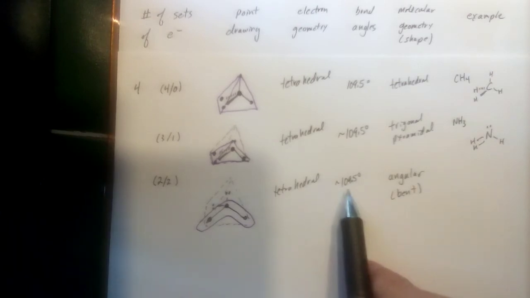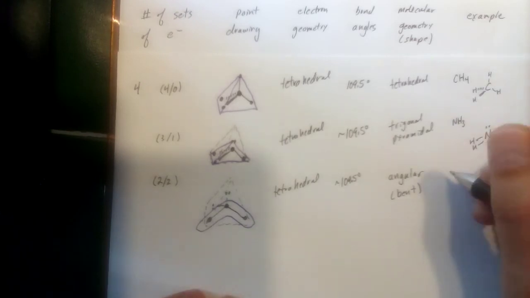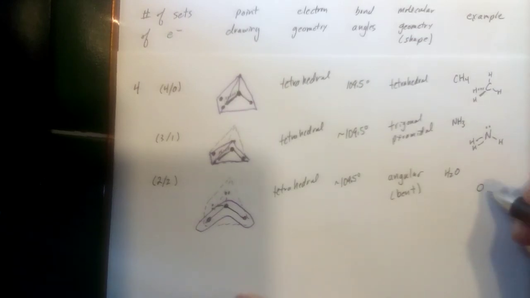It is important to recognize there are different angles that go along with the geometry we would describe as bent. The previous one was about 120. This one is about 109.5. So there are differences in molecules we describe as angular or describe as bent. And like I mentioned, water is the good example here. We have oxygen in the center.